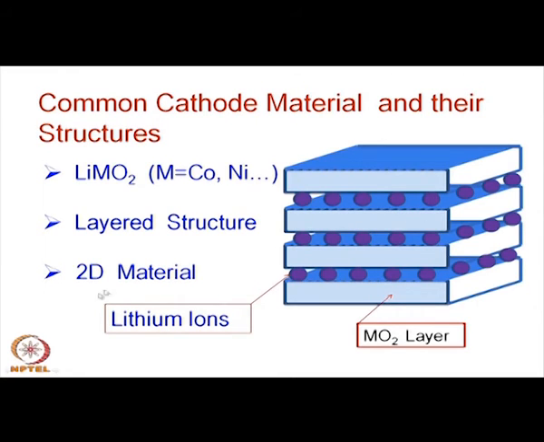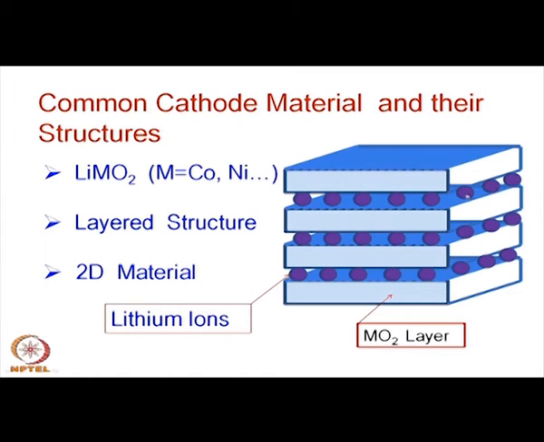So it is not only a layered structure, it is called a 2D material. Okay, this particular structure has a two-dimensional lithiation or intercalation, exactly the same way as the graphitic layer. You have one layer of lithium, and that layer between themselves forms a two-dimensional layer. So, it is a planar structure.